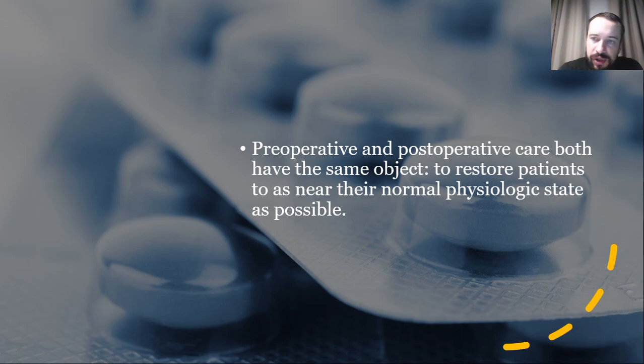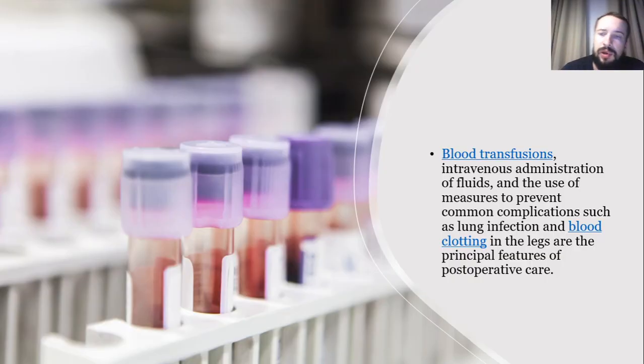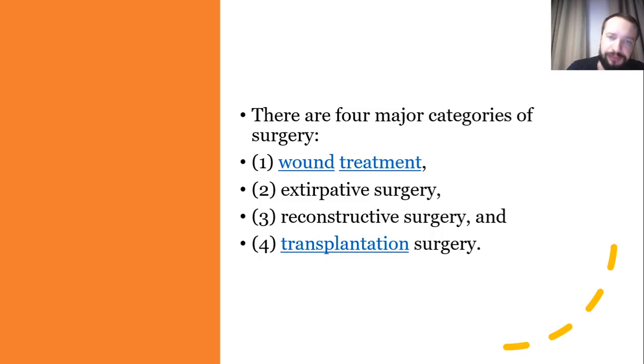Preoperative and postoperative care both have the same object: to restore patients to as near their normal physiologic state as possible. Blood transfusions, intravenous administration of fluids, and the use of measures to prevent common complications such as lung infection and blood clotting in the legs are the principal features of postoperative care.